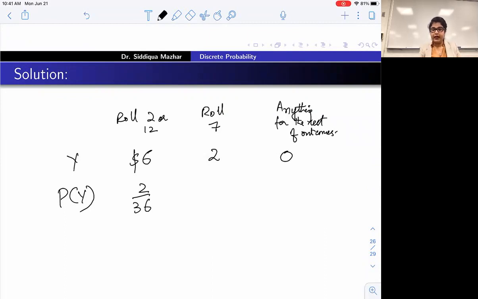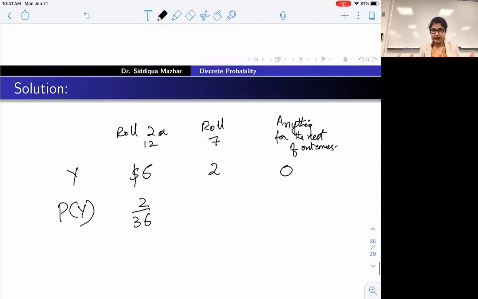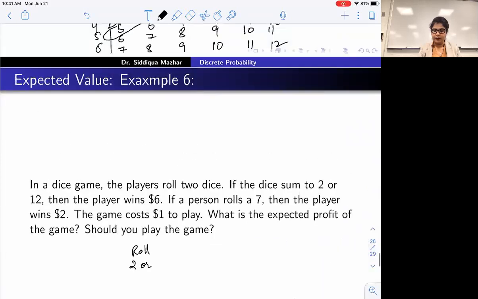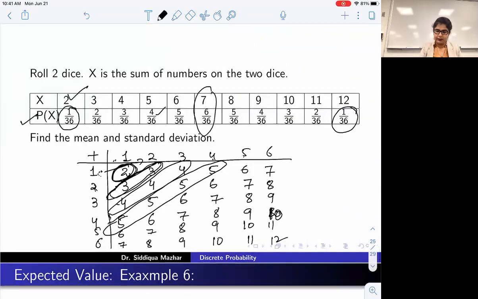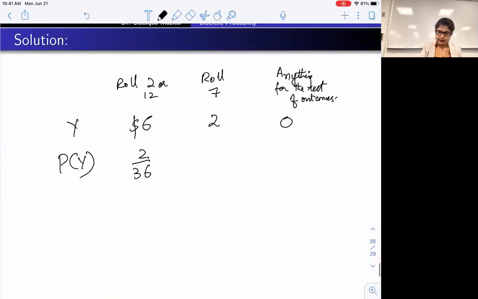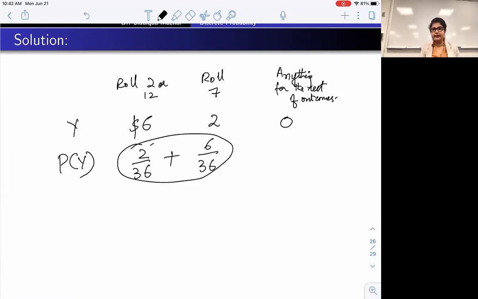If he is rolling a sum of 7, then what will be the probability? For sum 7, the probability is 6 by 36. So here we are writing it down, 6 by 36. So what will be the rest? We know that the sum of all the probabilities equals 1. If you add these two probabilities together, it will be 8 by 36.